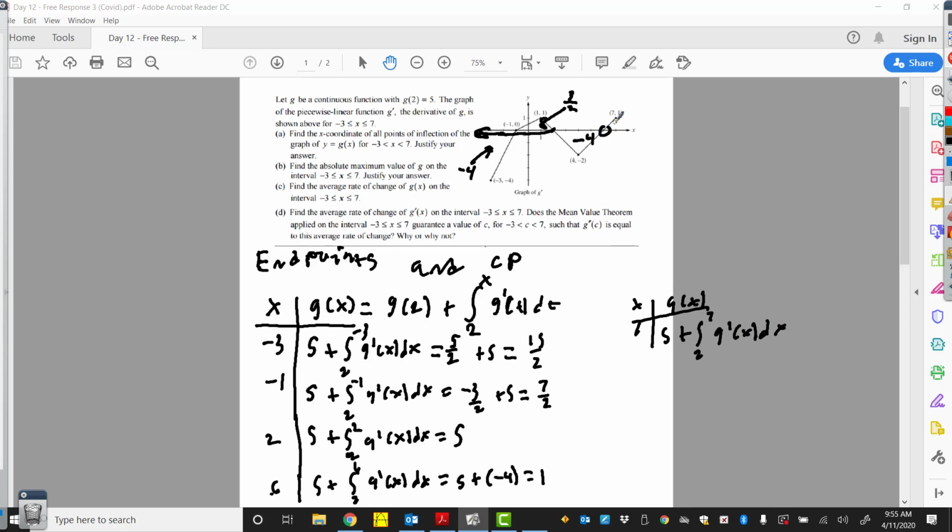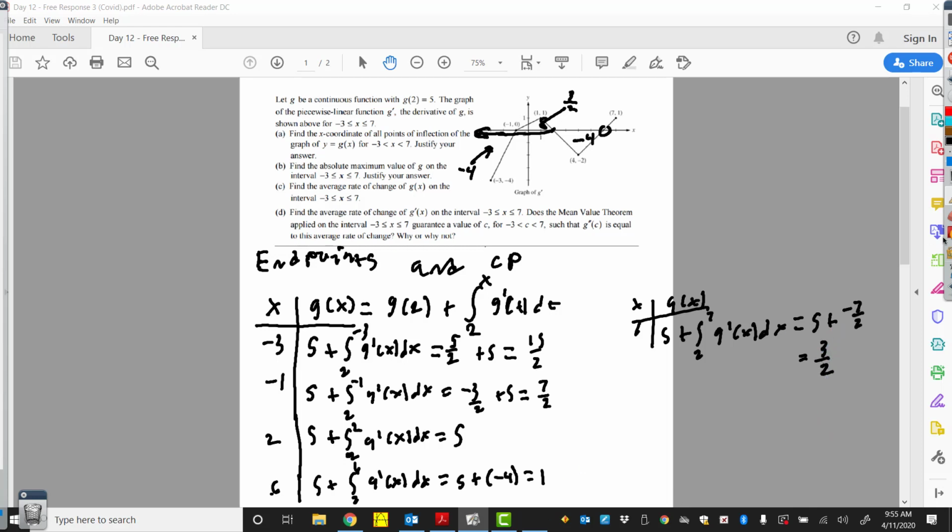That's a 1 by 1 triangle, so that's just 1/2 plus -4. What's 1/2 plus -4? -8/2 plus 1, so -7/2. So this equals 10/2 minus 7/2, 3/2.